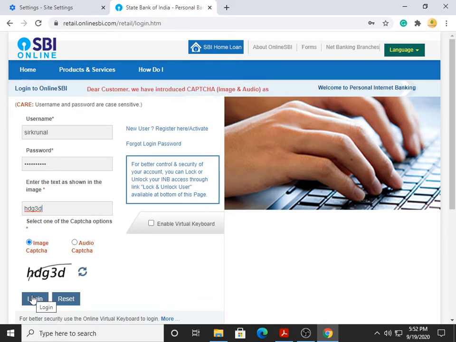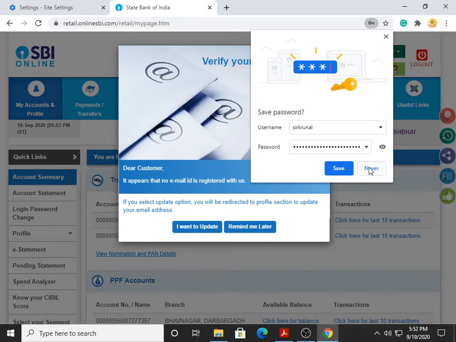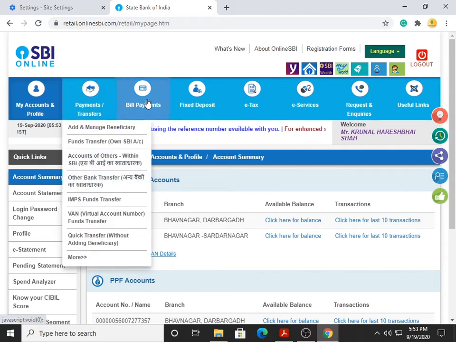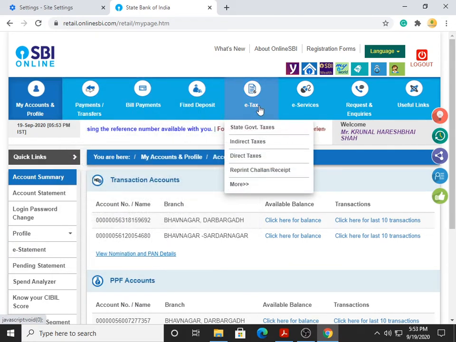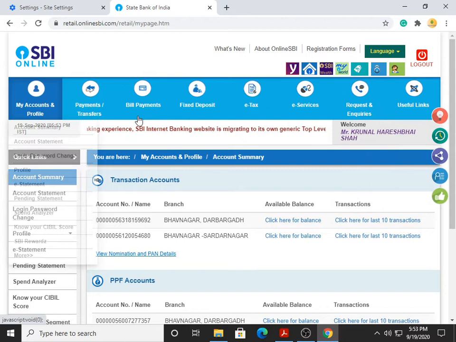I try to log in with my user ID and password. The purpose is just to show you. Now, as you can see, you are able to see my net banking facility. My name is visible on the right hand side where my mouse cursor is moving, and you are able to see everything over here. You can go for payment, bill payment, fixed deposit, income tax and tax related things. You can make requests and inquiries. So all these things are possible.